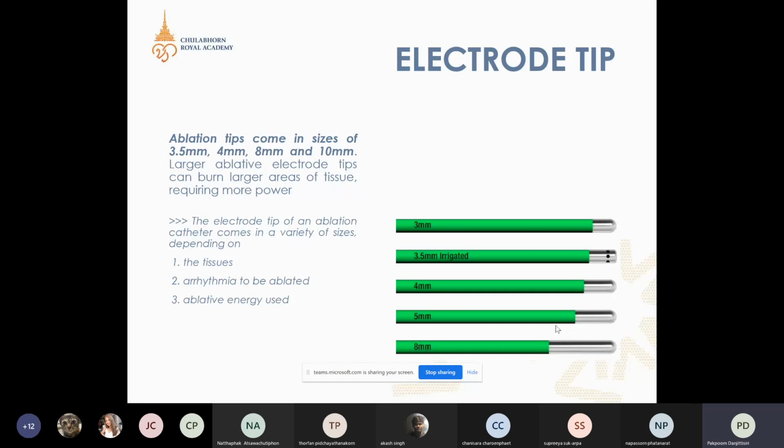The larger ablation catheter tips can burn larger areas of tissue. This is the main point: how to choose the appropriate ablation catheter to match an ablation technique. Okay.